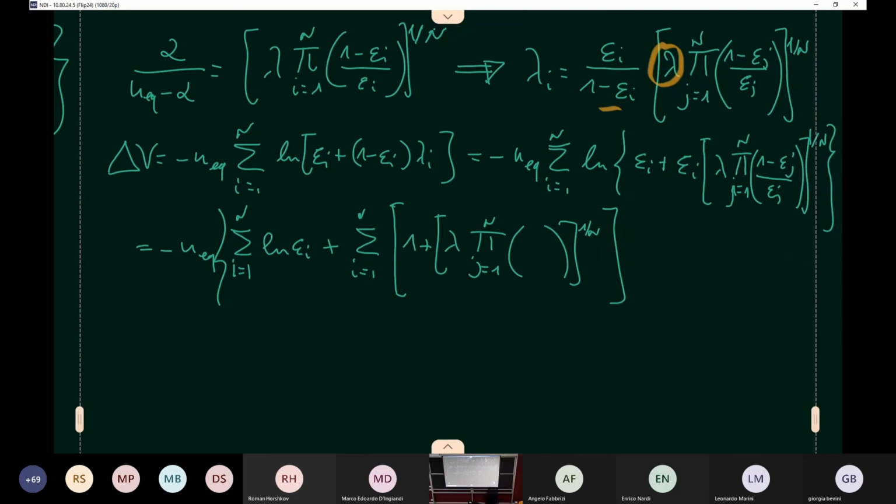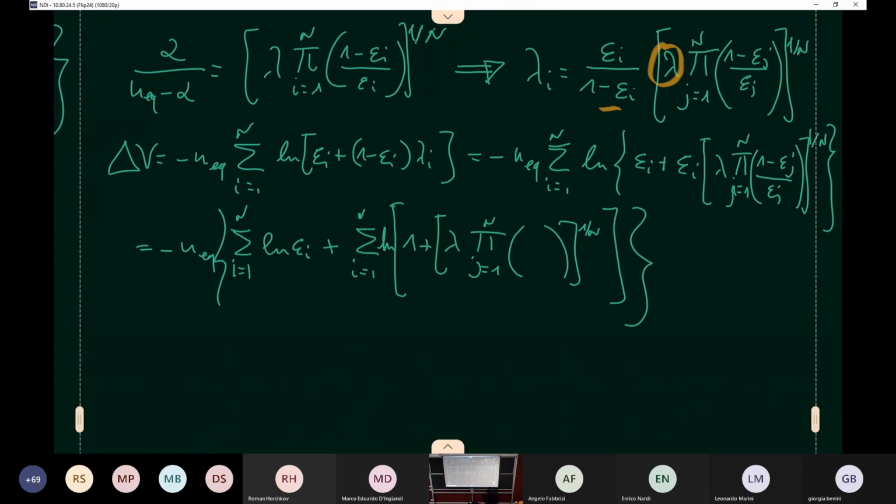What we see here now is that this term in the bigger square bracket is the sum of terms which are all independent of I. So this is n times the term between square brackets. And so this is the sum of n times the logarithm, meaning the argument of the logarithm to the power n.